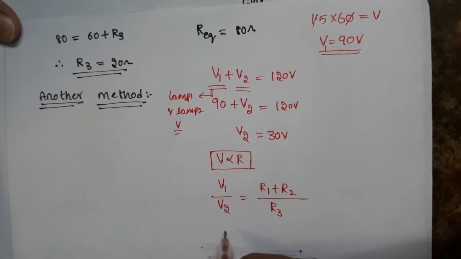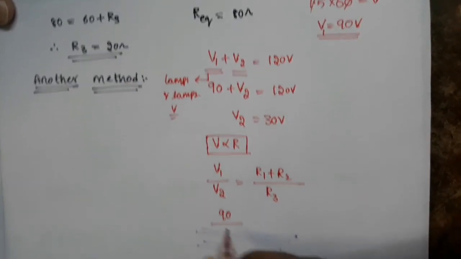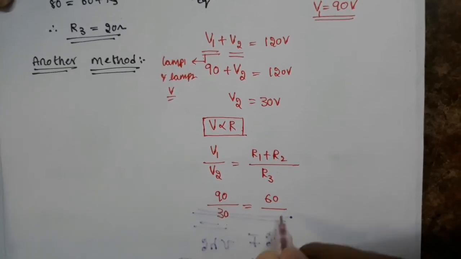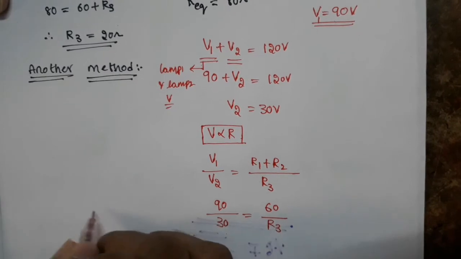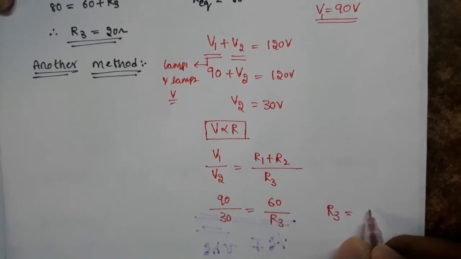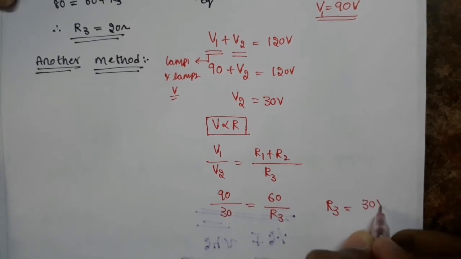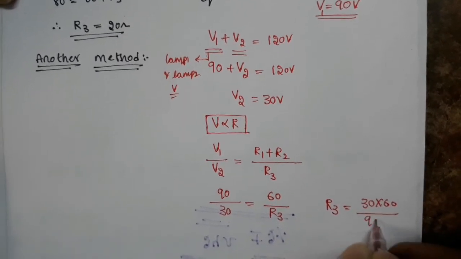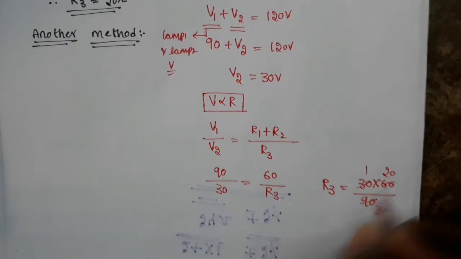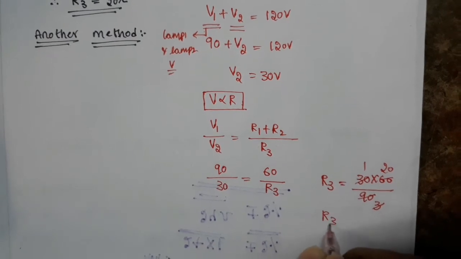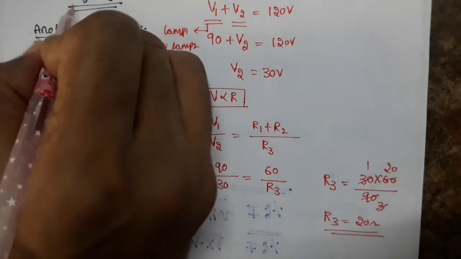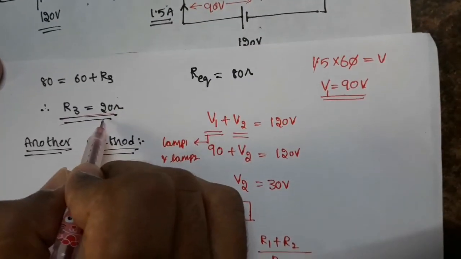From this, V1 equal to 90, V2 equal to 30, R1 plus R2 equal to 60, and R3 we have to find. So R3 equal to 30 into 60 divided by 90. By solving this, we get R3 equal to 20 ohms. So here also we have got R3 equal to 20 ohms.